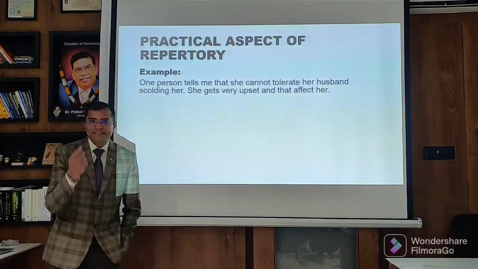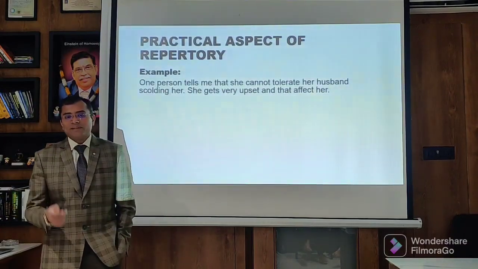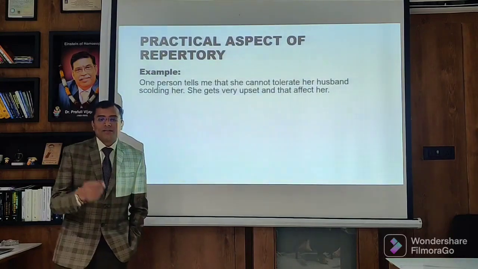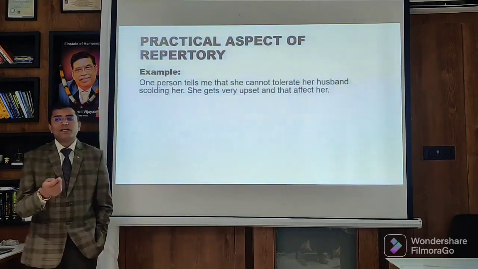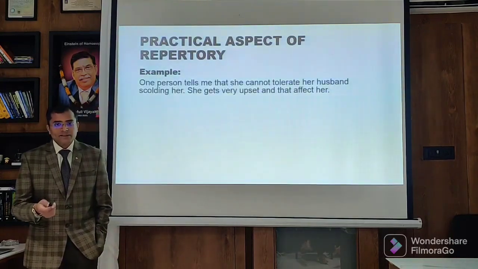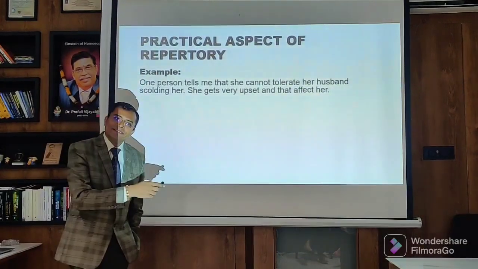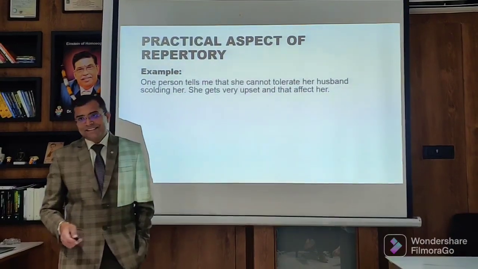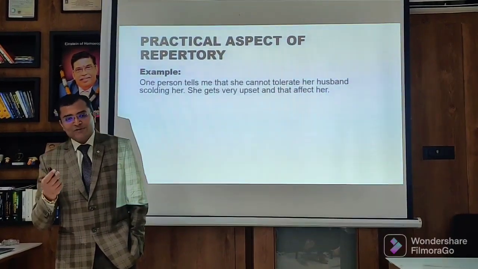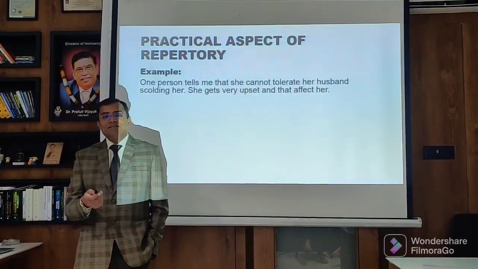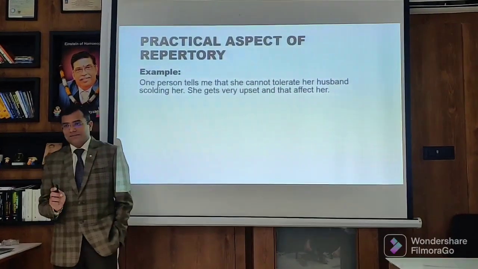Are you getting me? So, another thing. Let's have another example. Then we will go through the practical point of view. What was the important thing in the repertory? One person tells that she cannot tolerate her husband scolding her. She gets very upset and that affects her. Now what were the possibilities? She cannot tolerate her husband scolding her. She gets very upset and that affects her much.